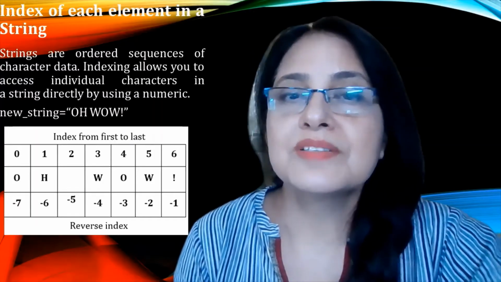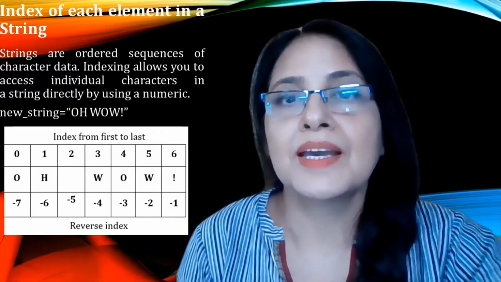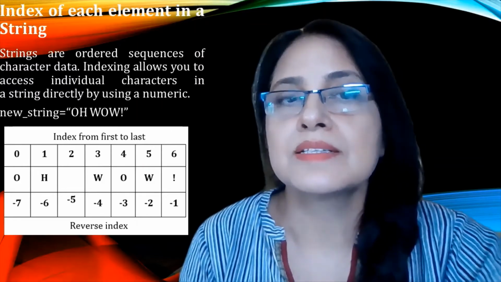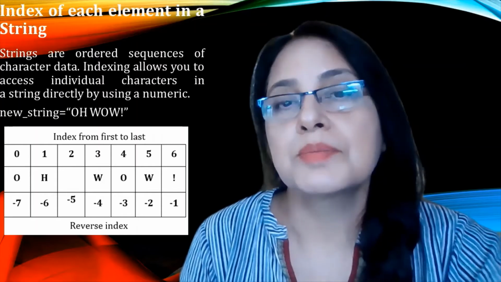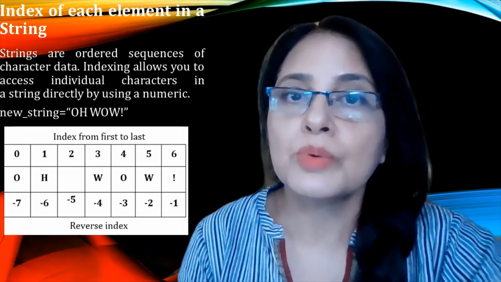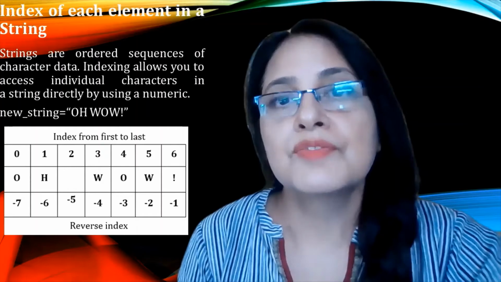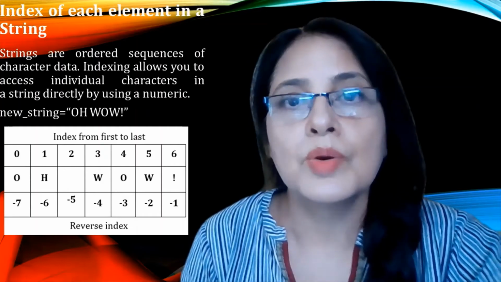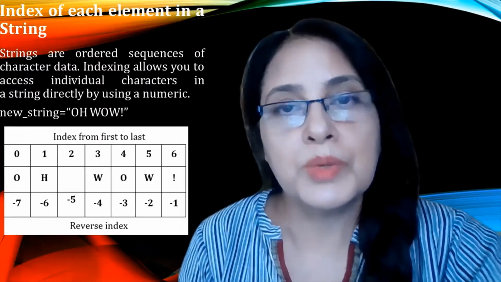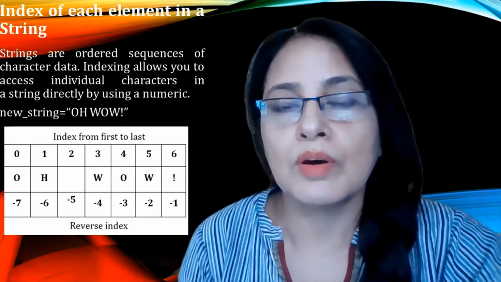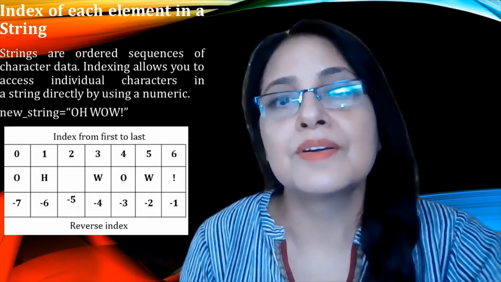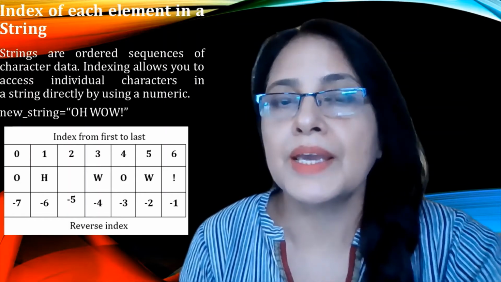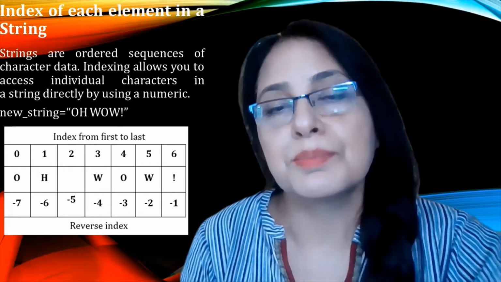Strings are ordered sequences of character data, and indexing allows you to access individual characters in a string directly by using a numeric value, which is also called an index. The first character of any string is given the index 0, and then we follow it up with 1, 2, 3, and so on. We also have something called the reverse index, in which case we start from the end and give the index -1.